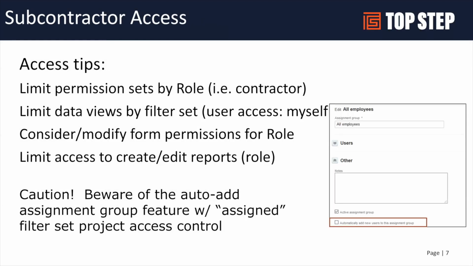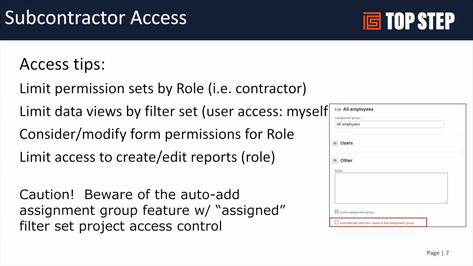So the first thing we hear when we talk about contractors with customers is, oh, we have to make sure they can only do certain things, or they can only see certain things. So this is where we recommend having a role specific to contractors. That role would be limited to only the things you allow them to do.